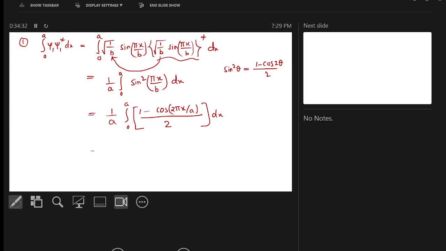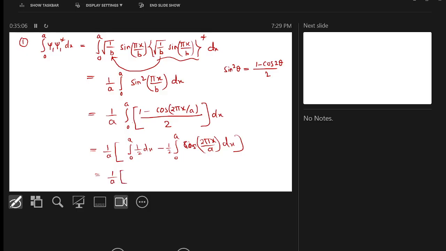So for solving this, you will get something like 1 by a. I'll write first integration, 0 to a, 1 by 2 dx, minus 1 by 2, 0 to a, cos 2 pi x by a dx. Okay.